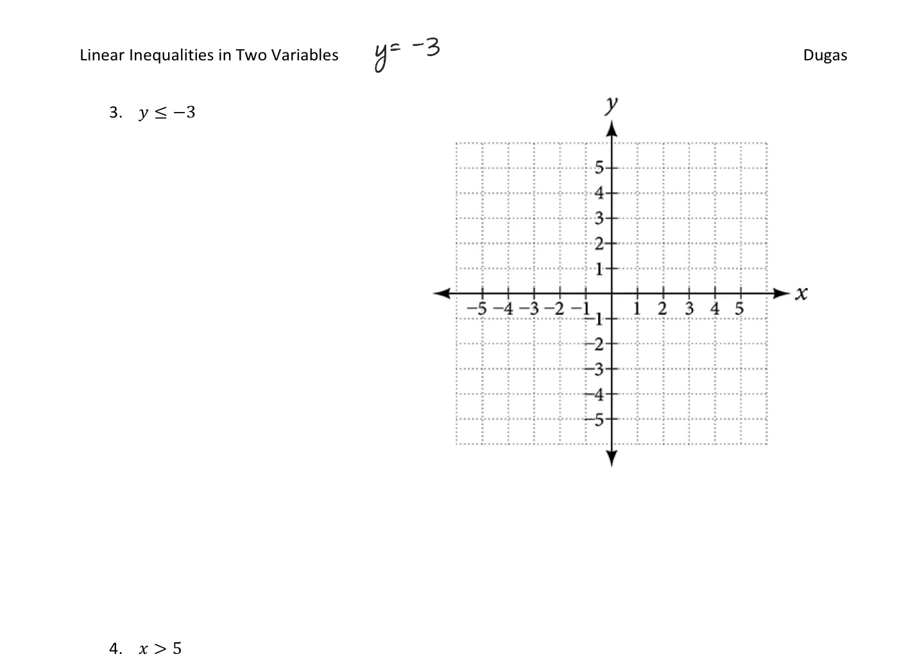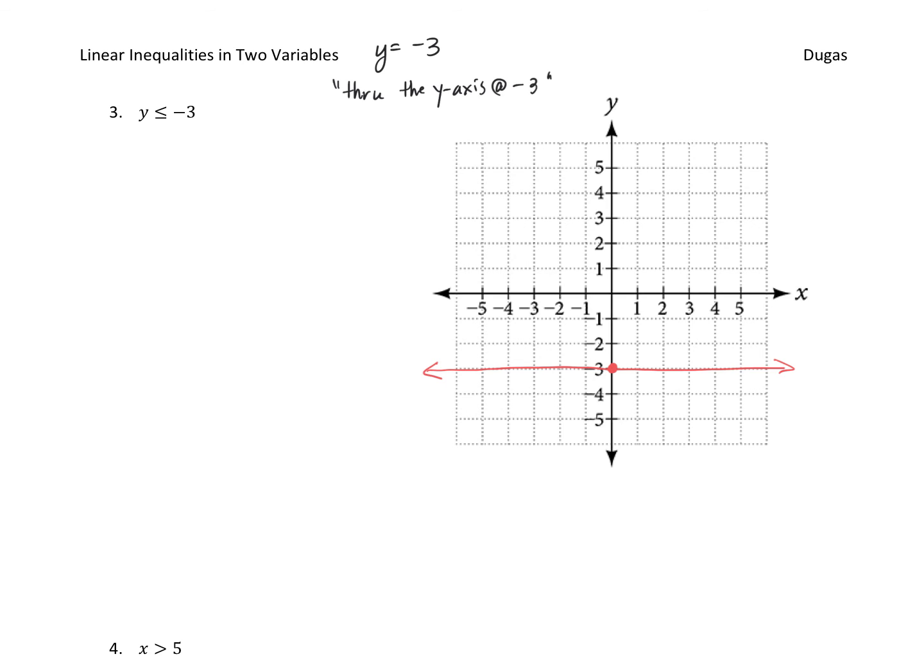So I'm going to go to the y-axis and I'm going to find negative 3. Here it is. And if it's going to go through that axis, it's got to be a horizontal line. And so that would be the line associated with the equation.